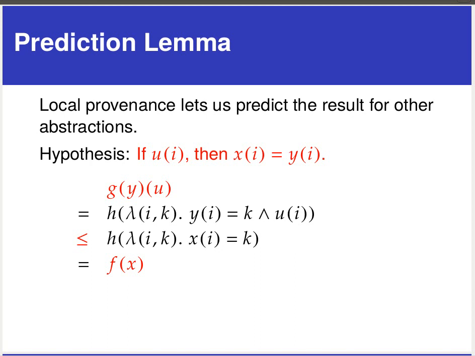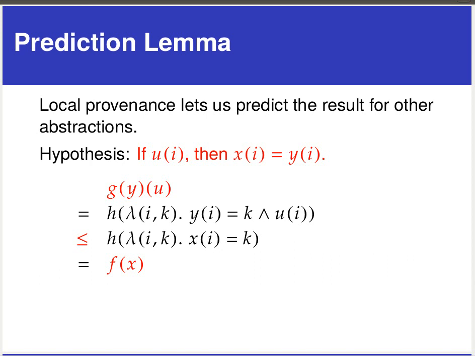What it says is this: suppose you have the local provenance at y, so we have g of y, and suppose you apply it to some parameter mask u, and the result you get is 1. Well, this lemma says that g of y of u is at most f of x. So if g of y of u is 1, then it must be that f of x is also 1.